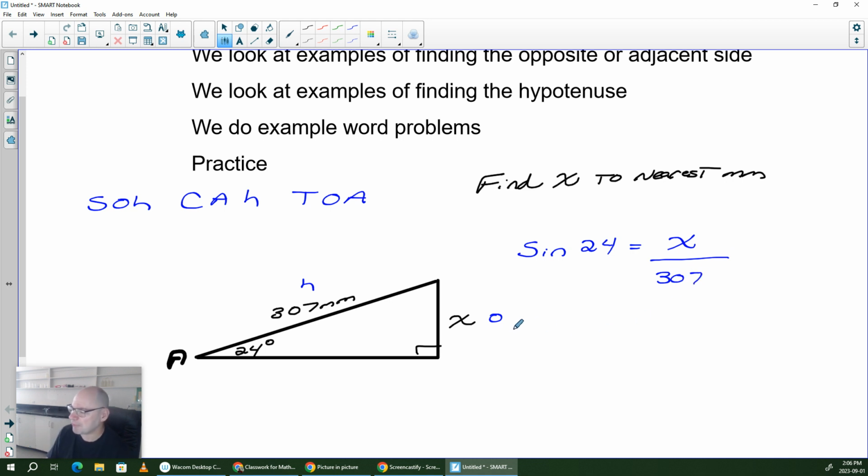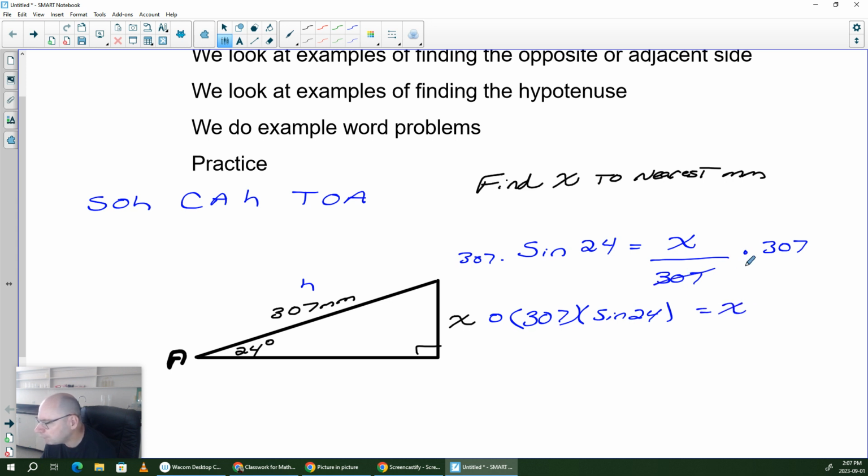Okay, so we have to get x by itself. The easiest thing to do here is to multiply by 307 on both sides. So we get 307 times the sine of 24 equals x. Now we have to get the sine of 24 on our calculator, so make sure your calculator is in degrees before you start, DEG.